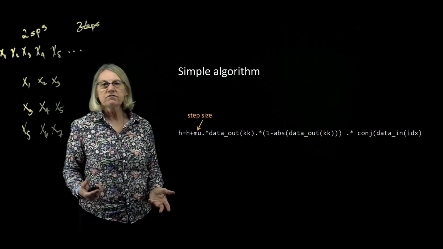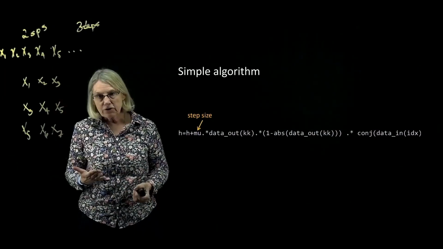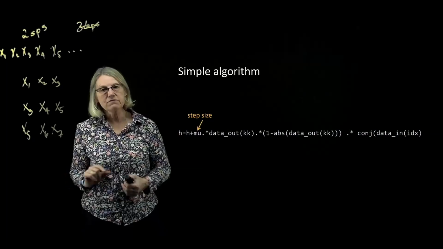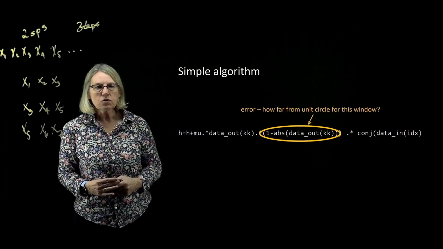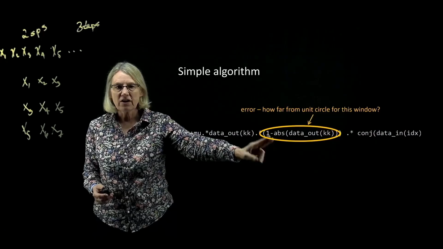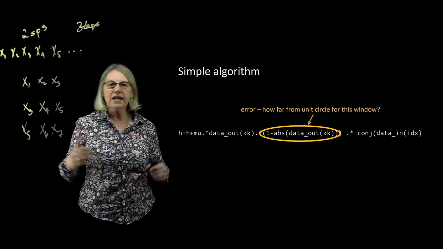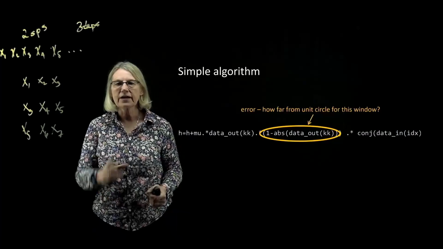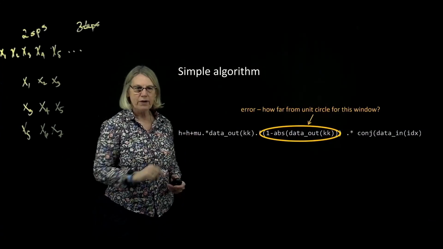So you have to play with this factor in order to get fast convergence and low noise afterwards. A very classic adaptive filtering problem. You also have here this objective function. How far am I from the unit circle? Depending on how far I am from the unit circle, I'm going to make a bigger or smaller adjustment to the tap weights at that time.